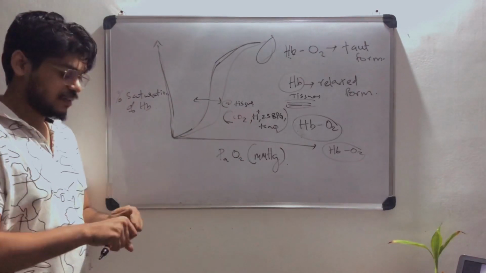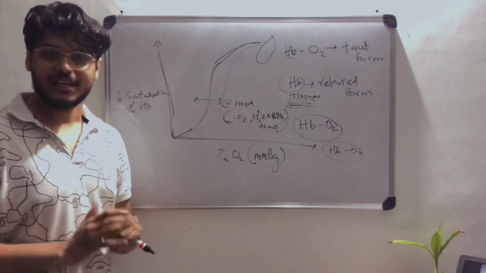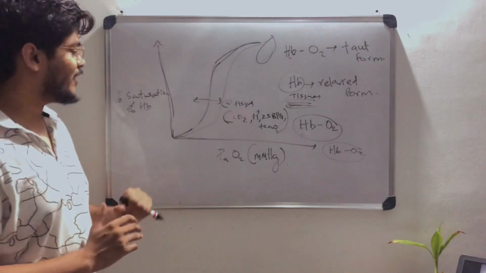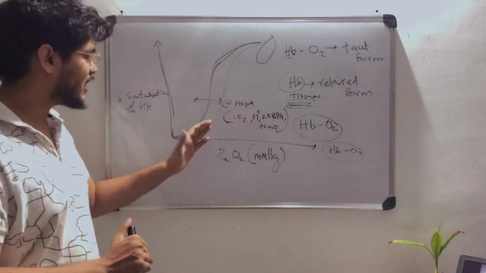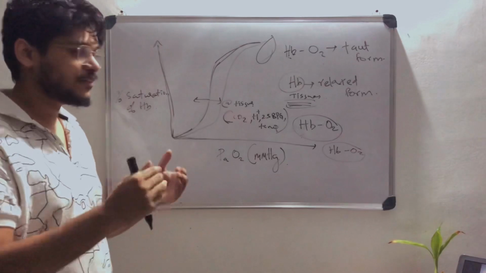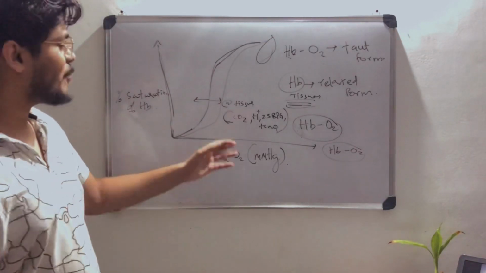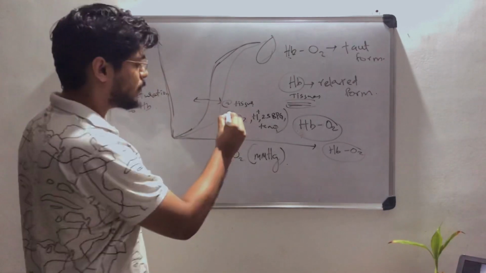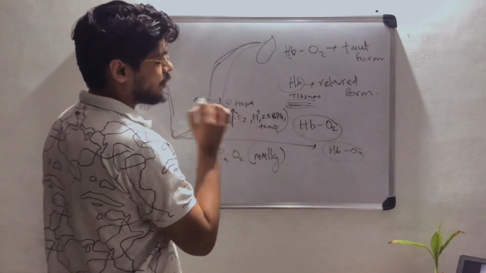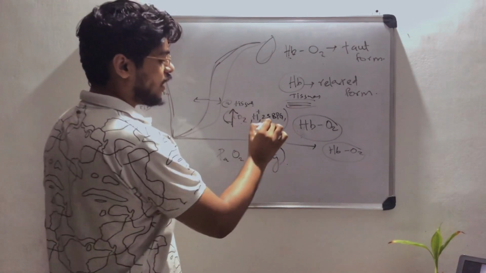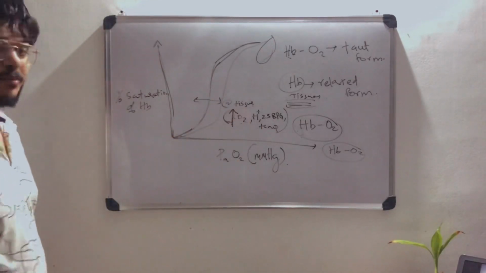They say, come on hemoglobin, don't bind with oxygen, let's be relaxed. This is what carbon dioxide, H plus, 2,3 BPG and temperature say. So this helps in reducing the hemoglobin's affinity towards oxygen and making hemoglobin release oxygen, and it happens in tissues. So all these things will be high: high carbon dioxide, high H plus, high 2,3 BPG and temperature at tissue, and oxygen release is happening there.